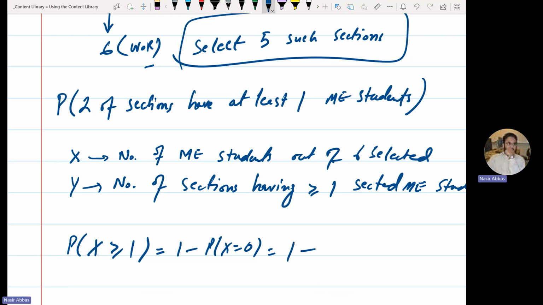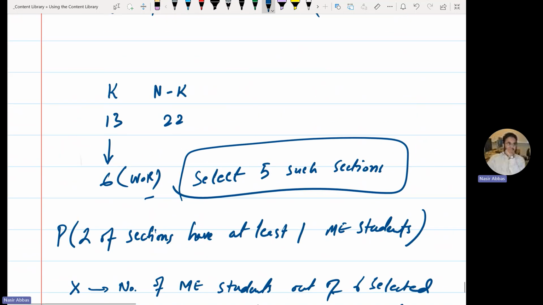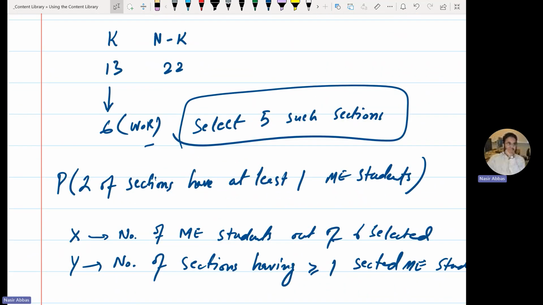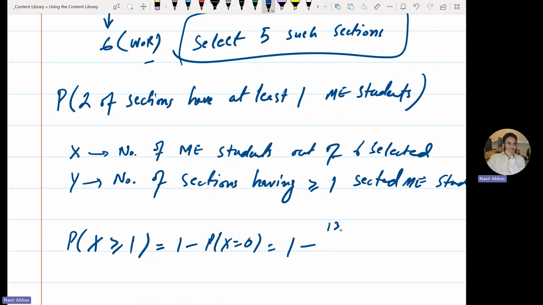So it is 1 minus K combination X. How many mechanical engineering students do you have in the section? 13. How many do you want? 0. Remaining 22. Total number of selections is 6 from each section, 35 combination 6. You will have the answer to this one. Can someone give me the answer to this one?